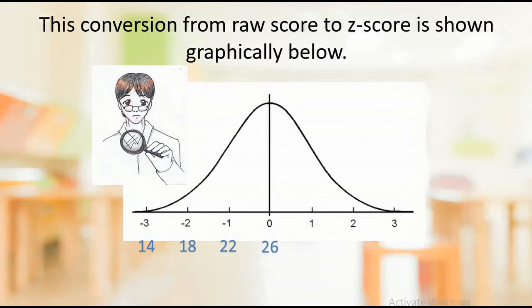So 26 plus 4 is 30, 30 plus 4 is 34, 34 plus 4 is 38. Then we shall locate the z-score, which is negative 1.5. So 20 is located also here.